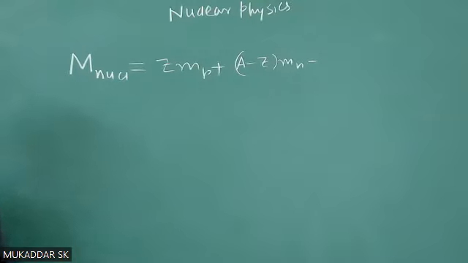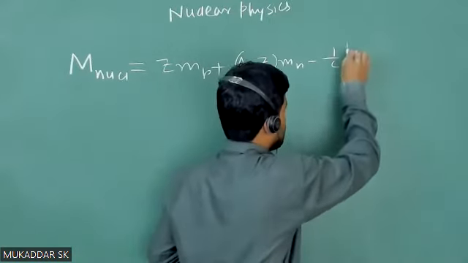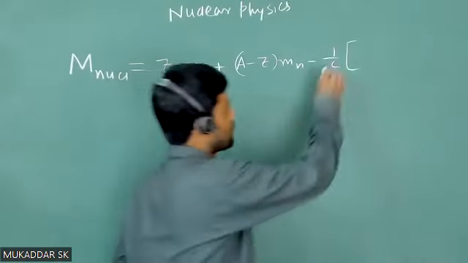And according to the liquid drop model, that binding energy has 5 terms. Exactly, it will be c squared.